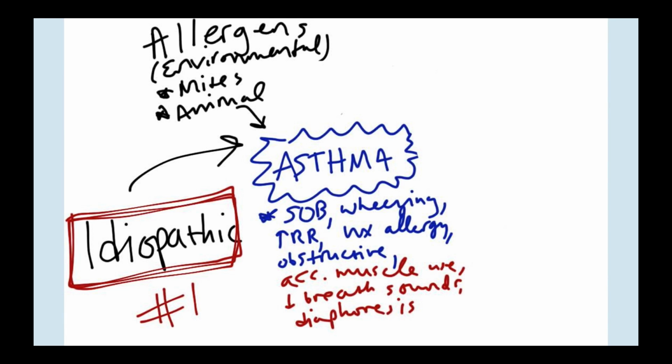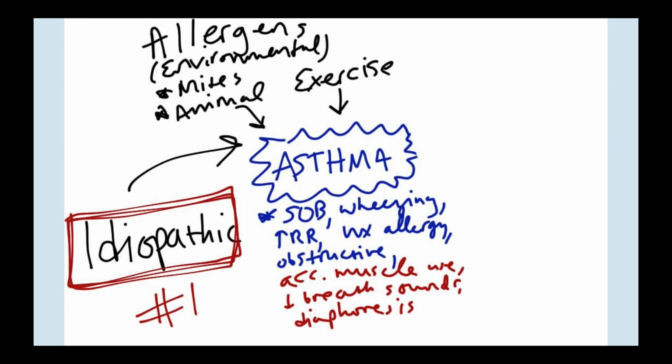Allergens, mites, animal pet dander. Exercise can induce asthma. That would be for me. When I was in 7th grade, I had to run the mile for the first time in Phys Ed class, and I was wheezing the rest of the day. I was able to run the mile just fine, but the rest of the day I was wheezing.